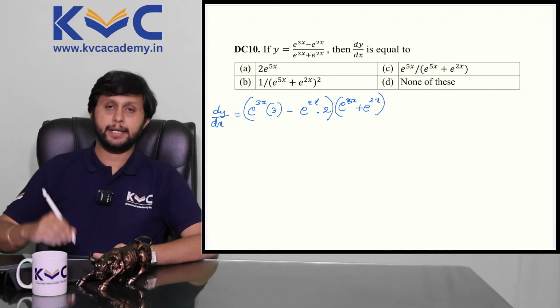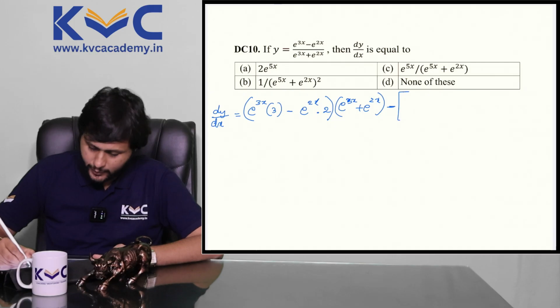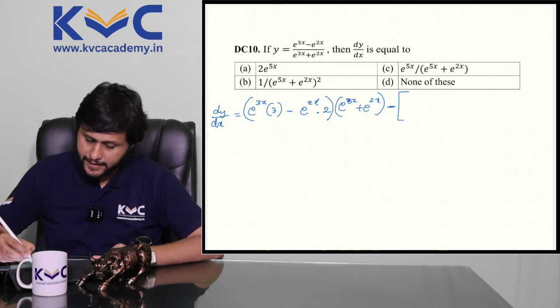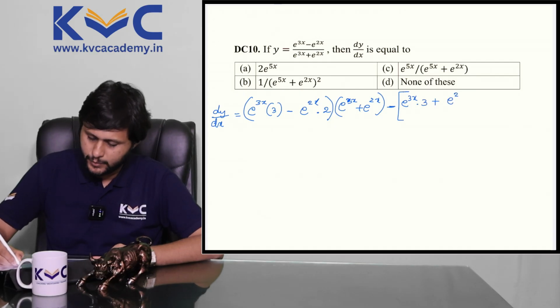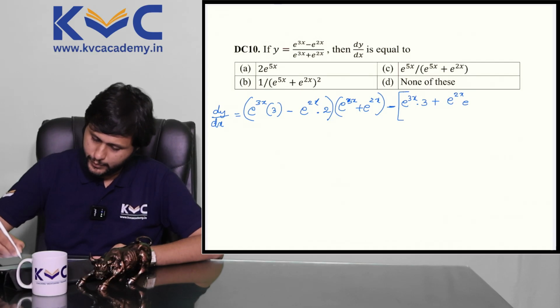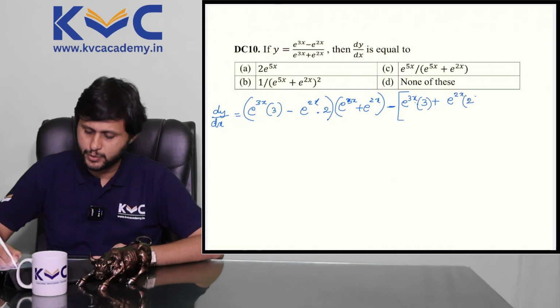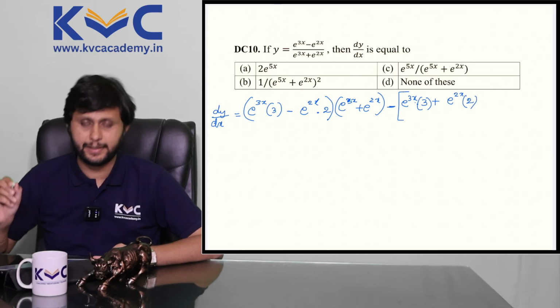Differentiation of numerator into denominator as it is, minus big bracket, we have to open over here, otherwise we will not multiply this minus sign with the other values. Differentiation of denominator, e to the power 3x again, so we have e to the power 3x into 3 plus e to the power 2x into 2. Okay, same as what we had earlier, so I've written it directly, but earlier it was minus, now it is plus.